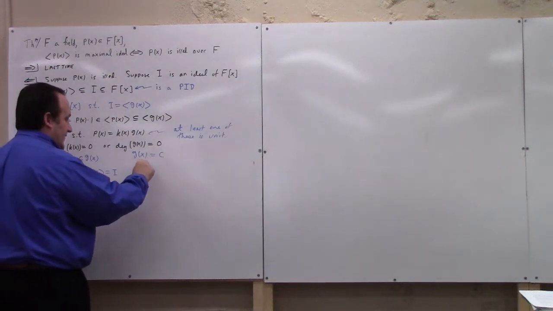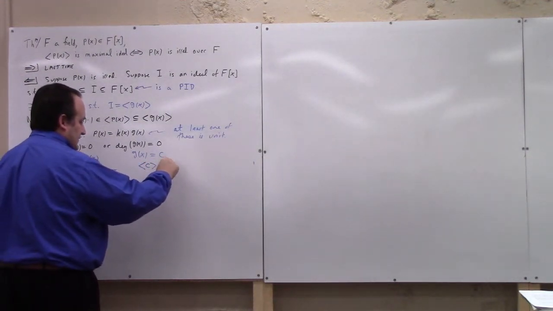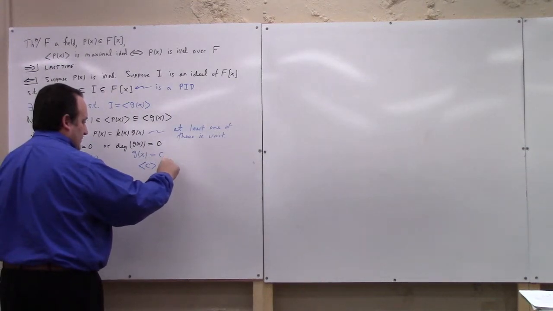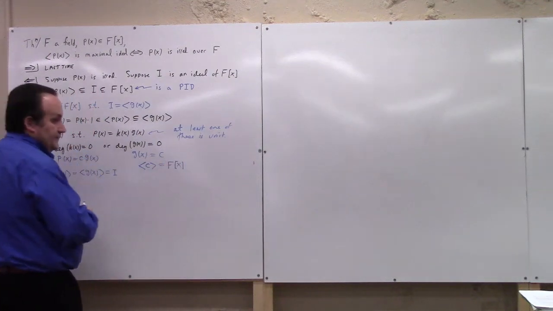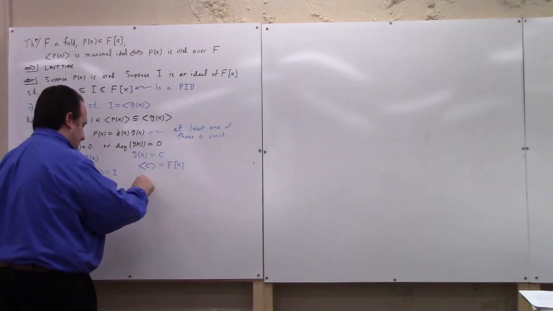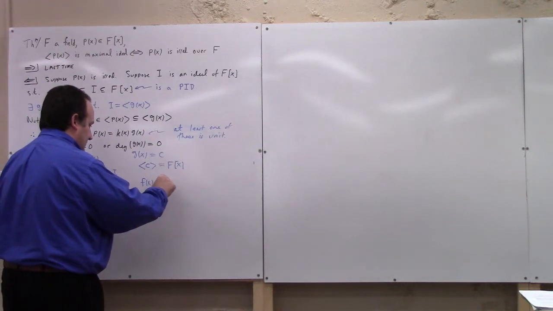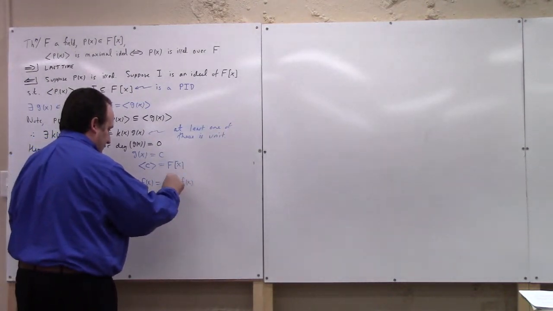And you can prove that the ideal generated by a non-zero constant is equal to the whole thing. Because if you look at f of x, it is equal to the constant times 1 over the constant times f of x.